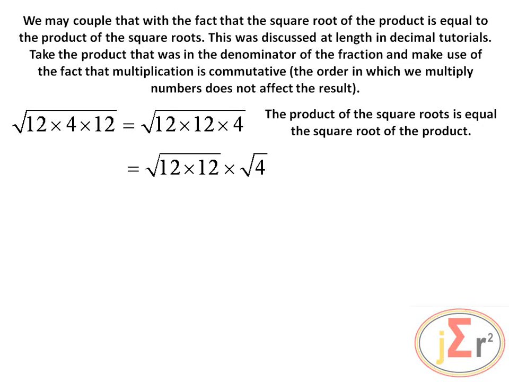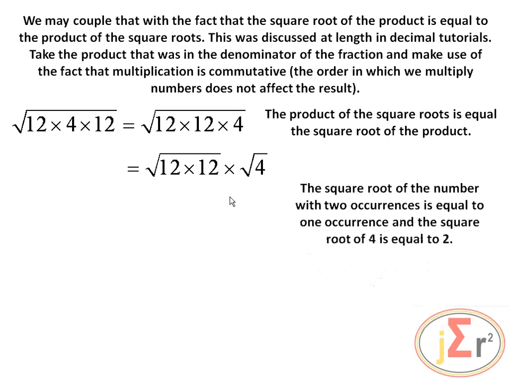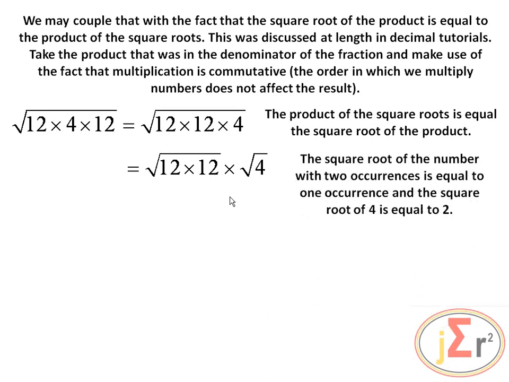So there we have it. The square root of 12 times 12 times 4 is equal to the square root of 12 times 12 multiplied by the square root of 4. The square root of a number with 2 occurrences is equal to 1 occurrence, and the square root of 4 is equal to 2.